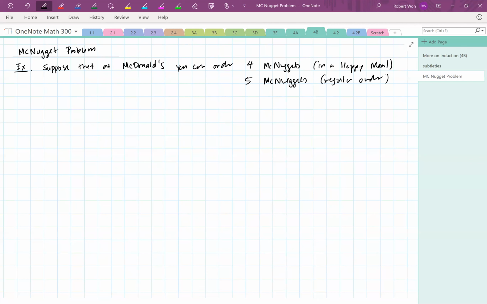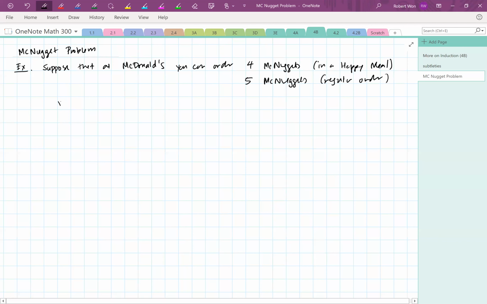Well, you can obviously get 4 McNuggets. You could also get 8 McNuggets by getting 2 Happy Meals. You can get 9 McNuggets by getting a Happy Meal and a regular order. But there's no way that you can possibly order 6 McNuggets. I guess you could order 8 and then throw 2 of them away, but that would be terrible.